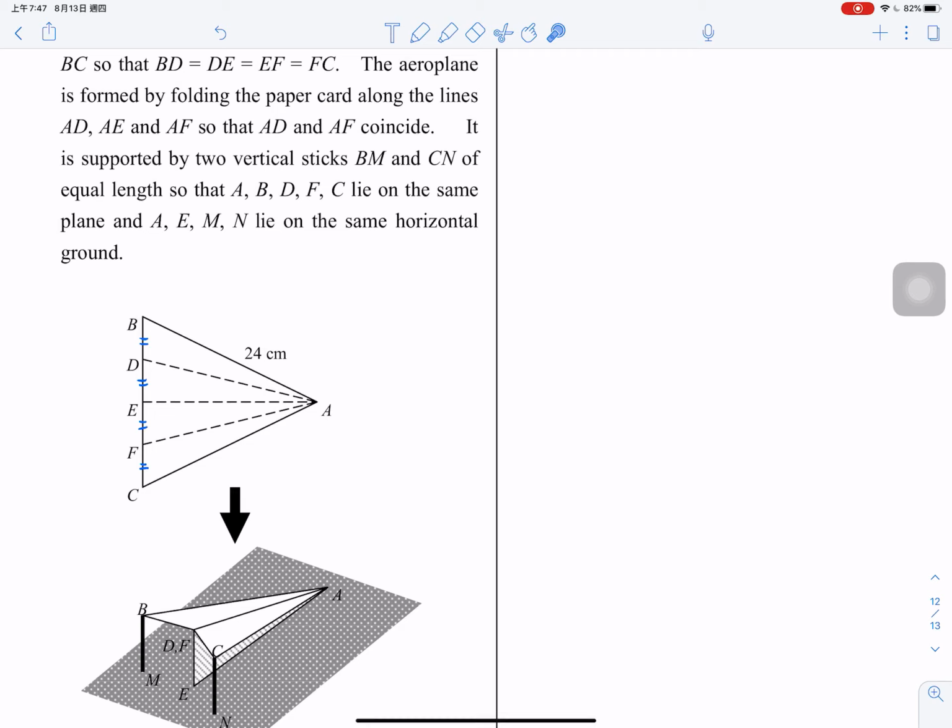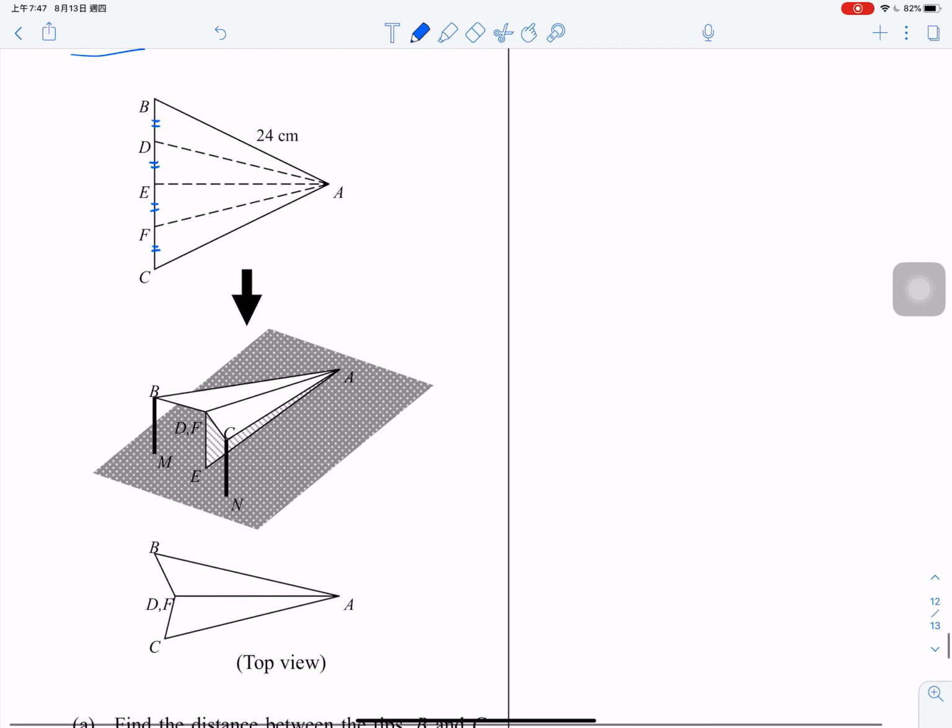The 4 points N, A, E, M are on the same horizontal ground. Understand?